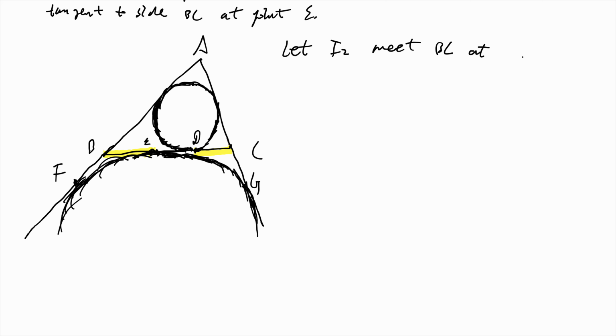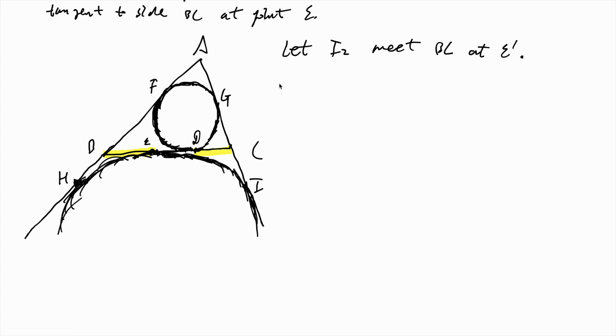A, C, F, G, H. Yeah, H. So we know that E, F, G, H, I, point, I would say E prime instead. I think that would be better.